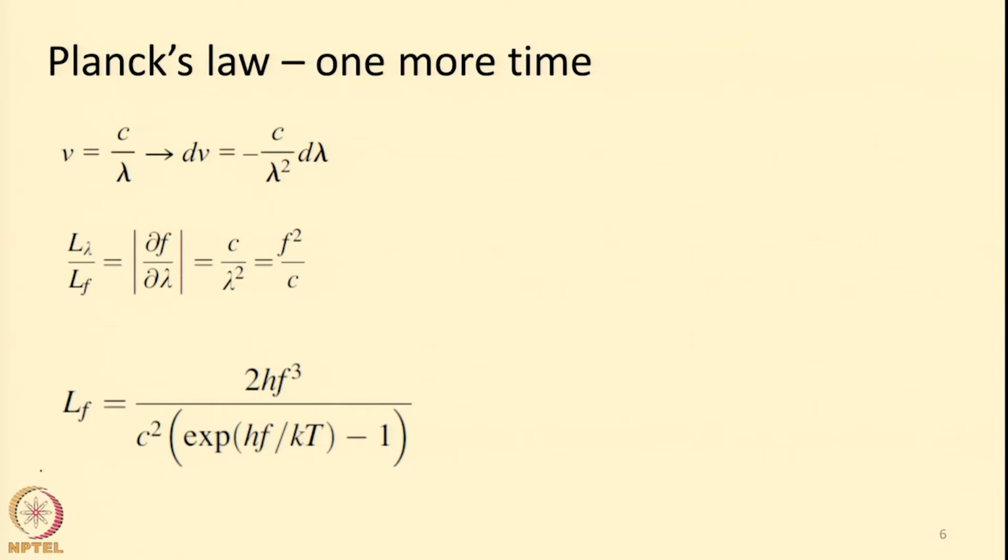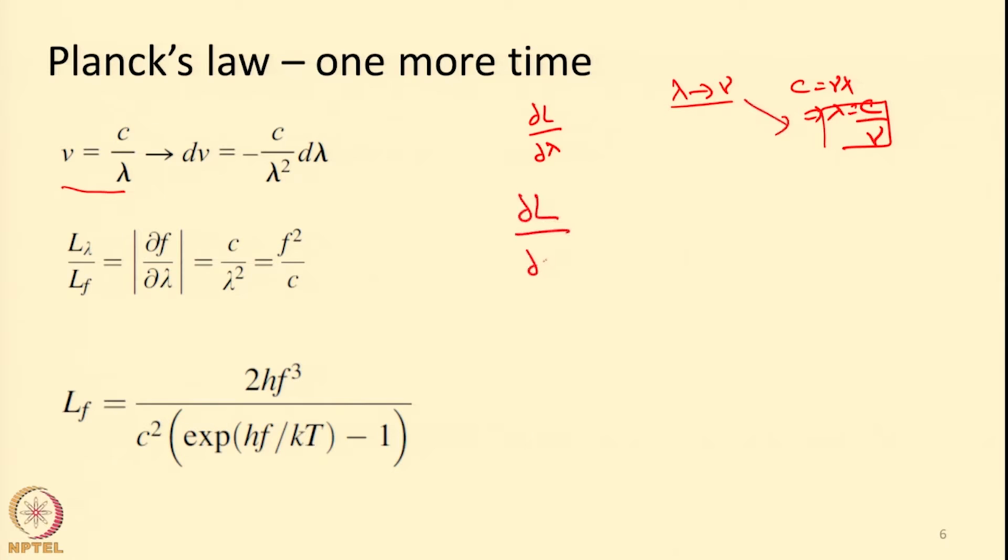Just examine the equation once more. The radiance equation is a function of lambda, and using this relationship, lambda is a function of nu. We can take c = νλ, which implies λ = c/ν. So, lambda varies with frequency, where c is a constant. Essentially we need ∂L/∂f, or nu, whatever; I write it as f here.